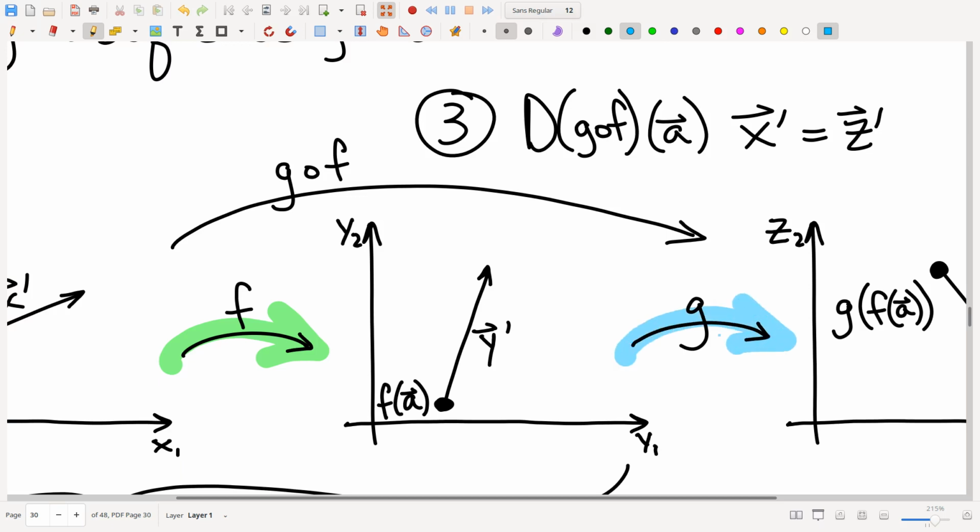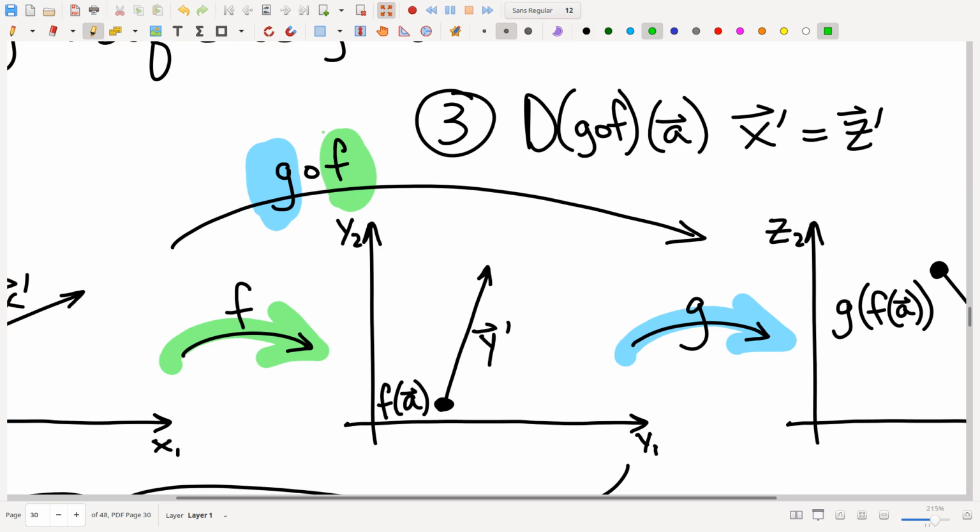But when I write the composition, g is on the left and f is on the right. And that's easy to mess up because it's inconsistent. So heads up about that. Now, why is this? And who's the jerk that decided to write the composition this way, g compose f?